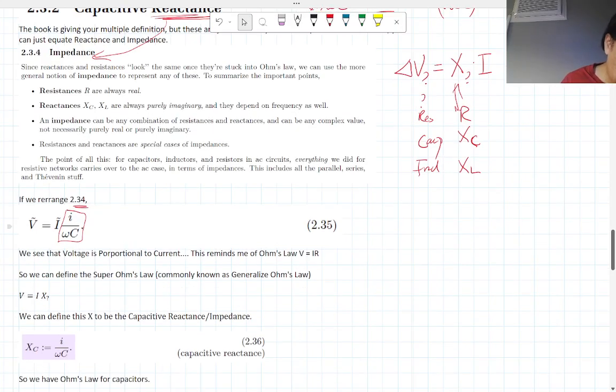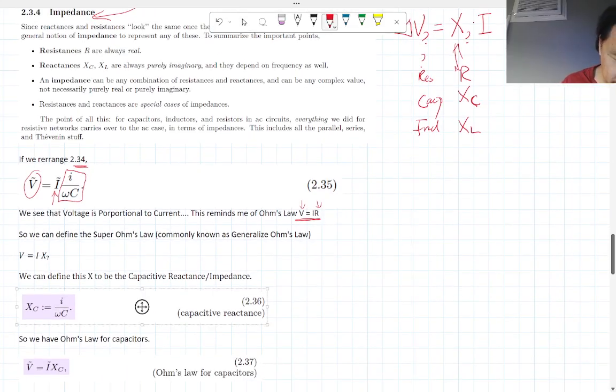The cool thing about this is that the voltage across this capacitor is proportional to the current times something. This is reminiscent of Ohm's law, where if you have a resistor, the voltage across that resistor is proportional to the current times R, but in this case, not R, but this complicated function equal to i divided by omega c.